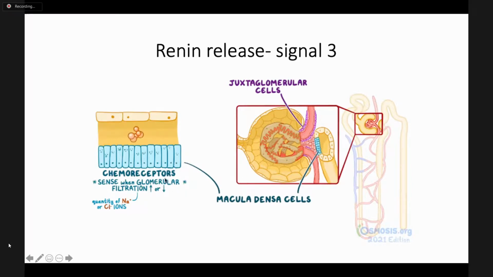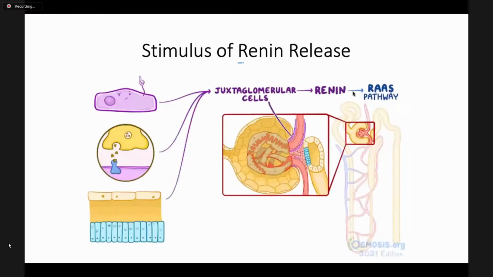If there is a reduction in chloride and sodium ions, therefore renal artery hypotension, this will send a signal through the mesangial cell to the juxtaglomerular cell to release renin. So these are the 3 ways the granular cell is stimulated to secrete renin. So far so good? Only 3 stimuli.